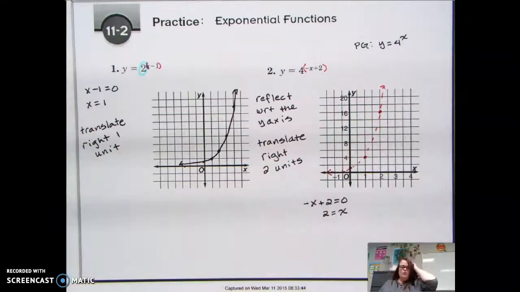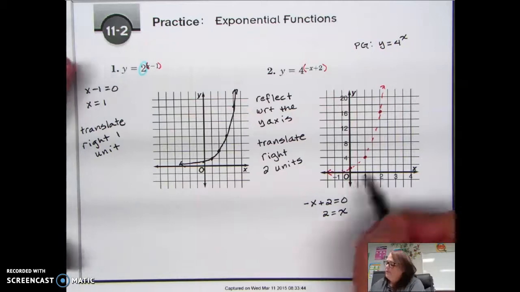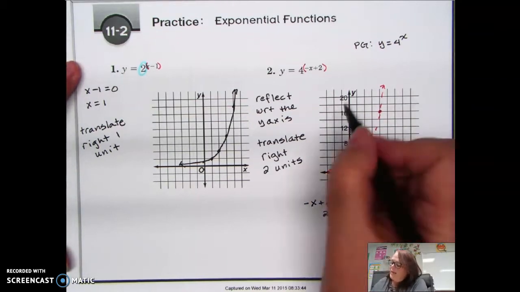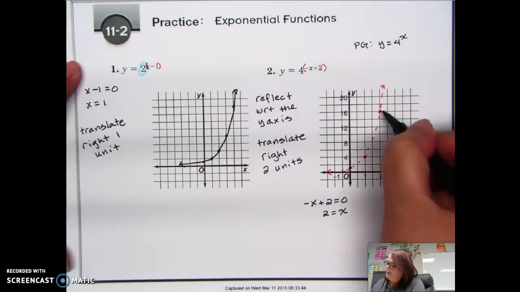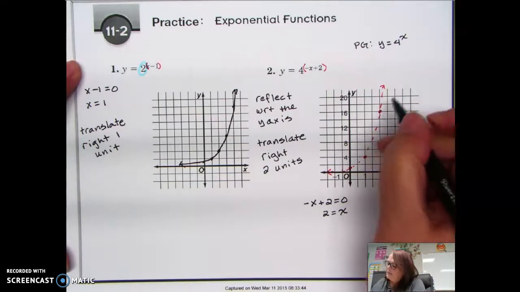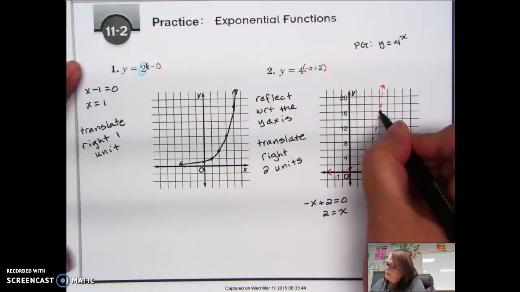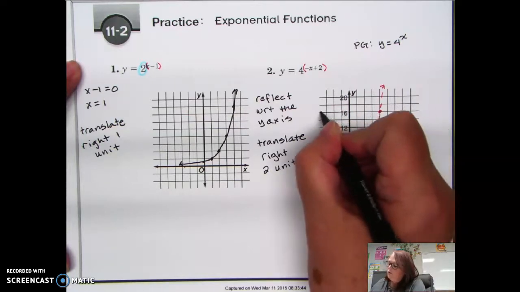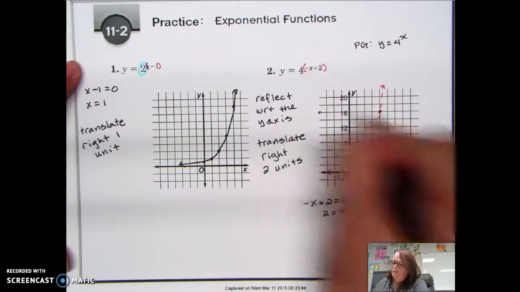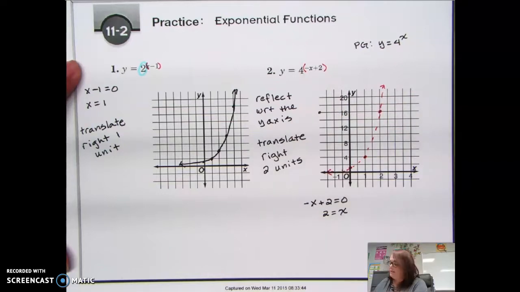Okay, so I'm going to deal with these one at a time, and I'm going to try to give it a color that doesn't make this crazy. So if I reflect this with respect to the y-axis, if I have 2 steps to the right of the y-axis gives me the 16, then, let's look at the grid. I've got 1, 2, 3, 4. So 1, 2, 3, 4 would put me right here if I reflected it across the y-axis.